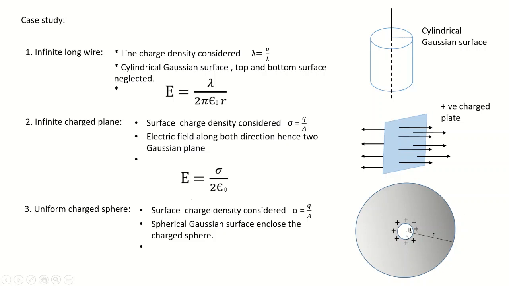So, the Gaussian surface has been kept at a distance small r away from the center of the charged body. So, this encloses the charged body. Now, when we perform the calculation of the electric field due to this charged body using the Gaussian law, we obtain the form of the equation of electric field as sigma R square divided by epsilon naught r square.